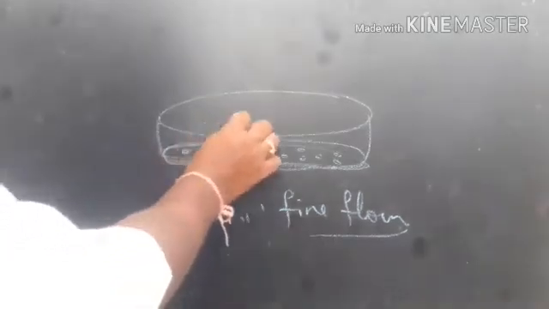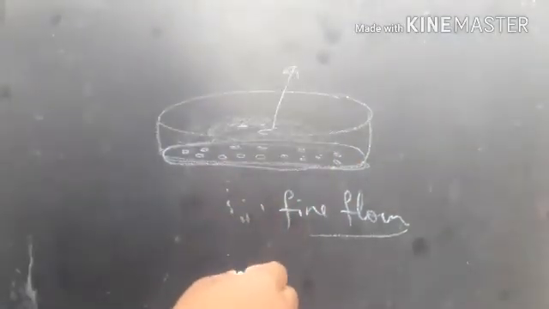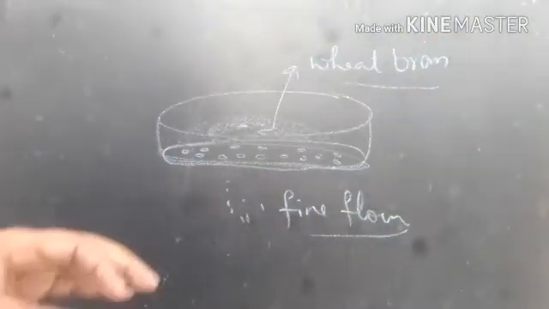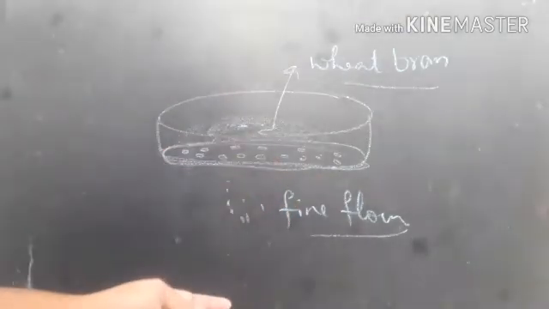And in the upper surface you can see the coarse part, which we call wheat bran. So the wheat bran stays on top, and the fine flour comes down through the sieve.